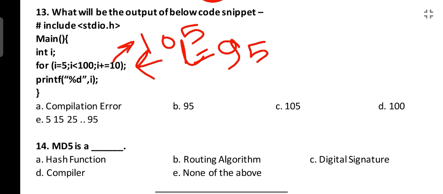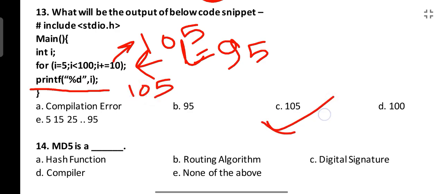When i becomes 105, the condition will be false and the loop will be terminated. But since the loop is doing nothing, the control will come to printf. And here, since the value of i is 105, the output printed will be 105. So the correct answer is option C. I hope it is clear.